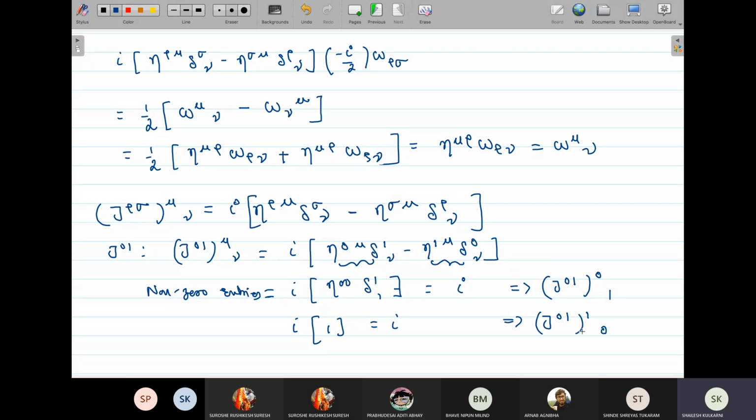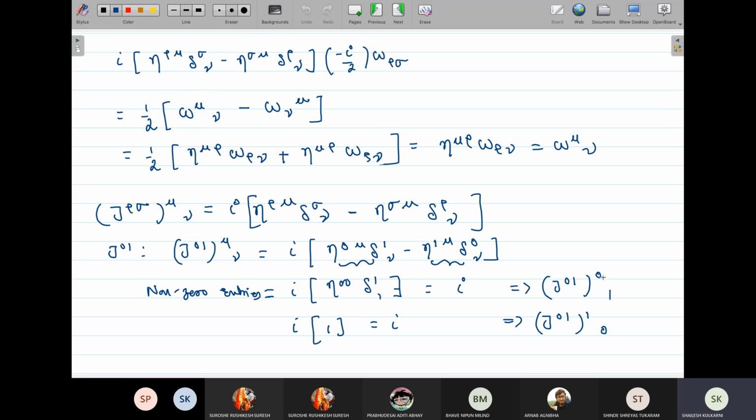Okay, so in this J01 matrix all the entries are 0 except these ones. So what should that matrix be? That matrix J01 will be equal to 0, and this index represents row and this represents column.